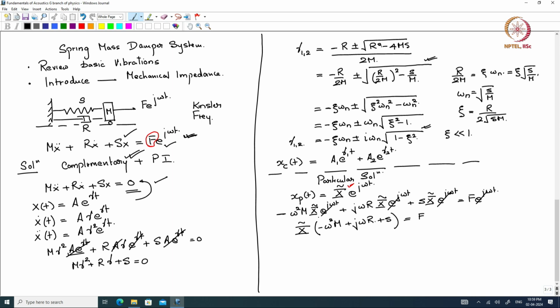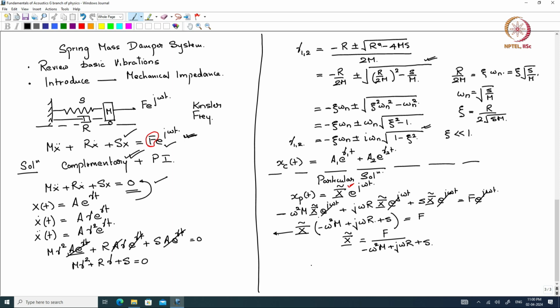So this x tilde is what I want to know, it is my unknown. Therefore this x tilde is equal to f divided by minus omega square m plus j omega r plus s. Okay.